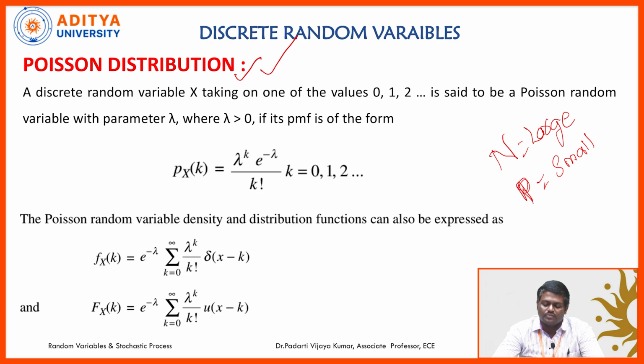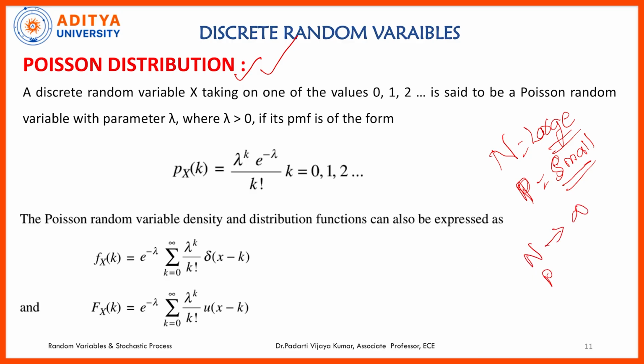That means n should approach infinity and the probability of success should approach very close to 0. In those cases, we need to consider applying the Poisson random variable.